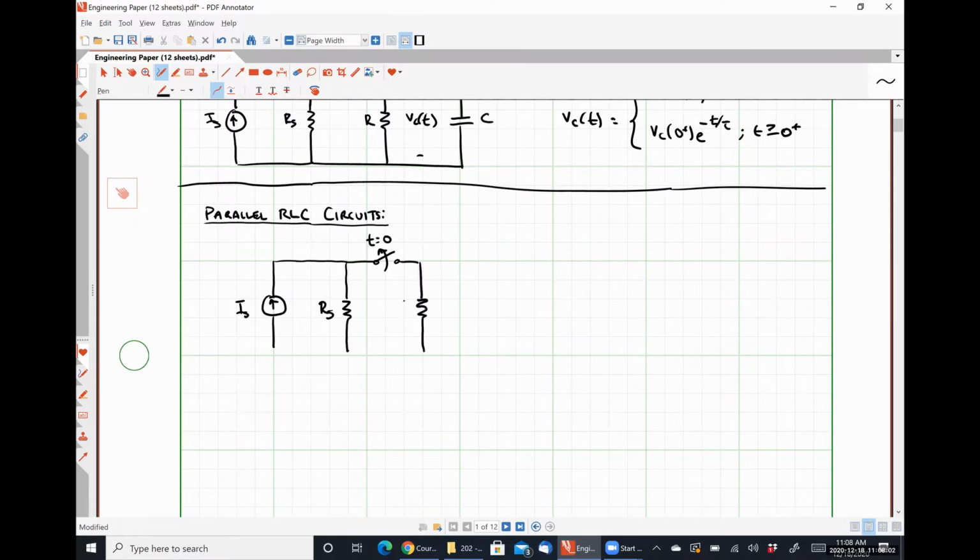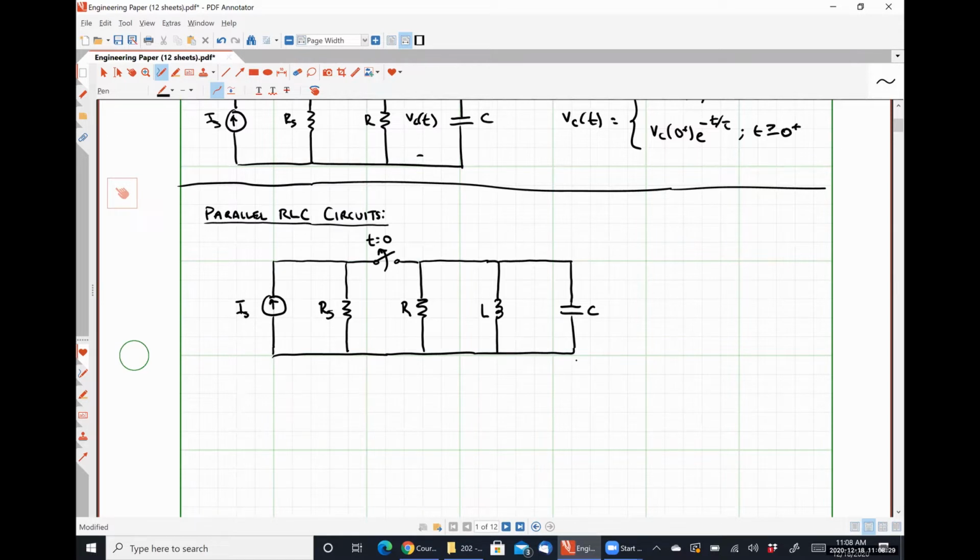And then I have a network that contains a resistor, and inductor L, and a capacitor C, all connected in parallel like so.